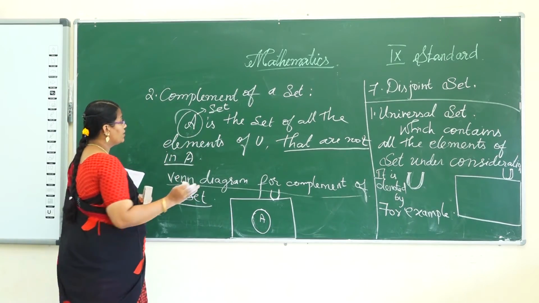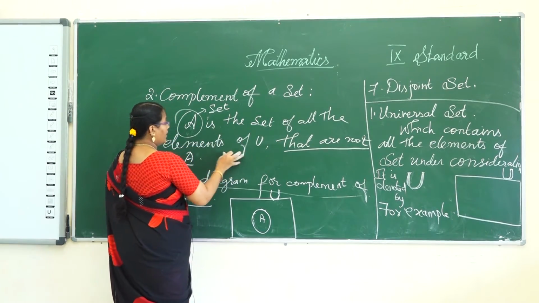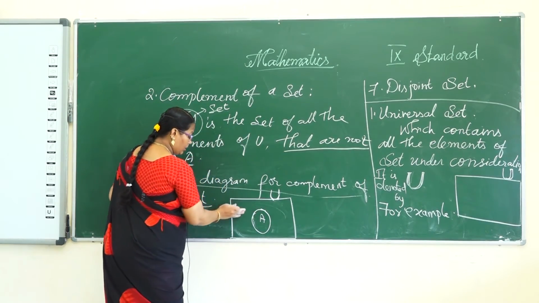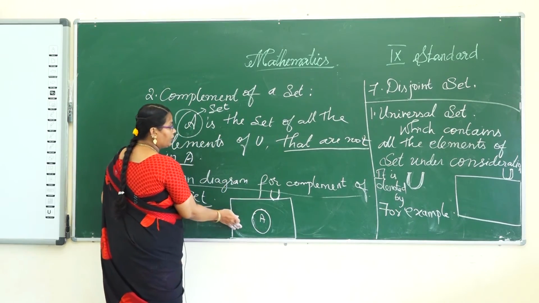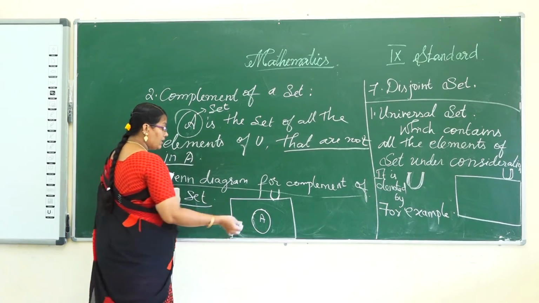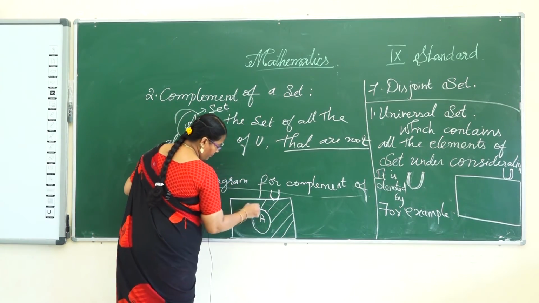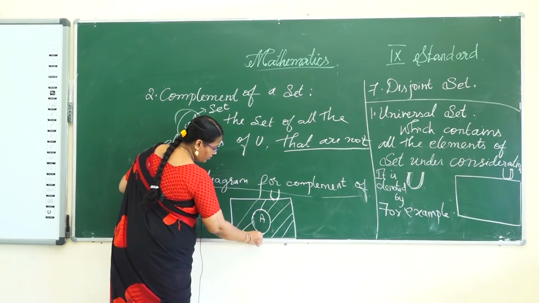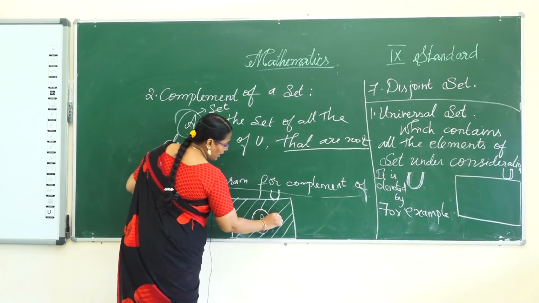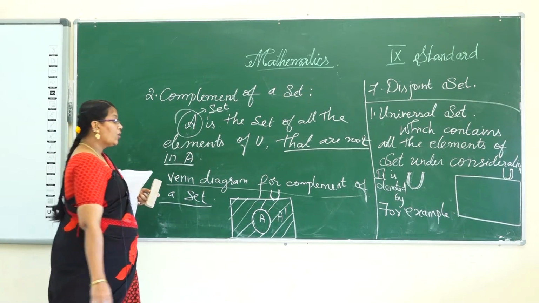A complementary set is the set of all the elements of U that are not in A. So the remaining part, the shaded portion, is called A dash or A complement.